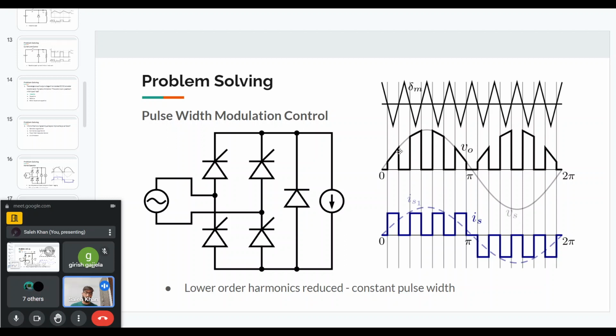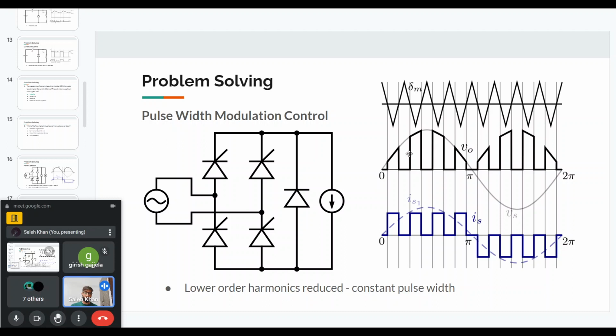So we turn it on for some short duration and then off again, and if the on time for all these pulses is the same, that is the normal pulse width modulation control. The on time of all these pulses is the same, which I've given as delta m.